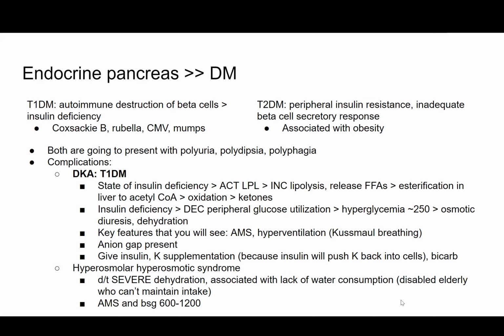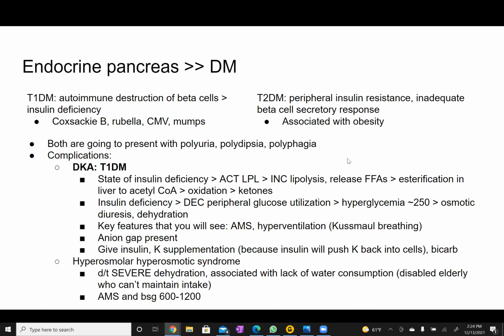Either they don't remember, or they're just not capable of getting water, or neglect, stuff like that. But it's severe dehydration. So look for an elderly patient that just had a stroke or is disabled in some way, coming in altered, and then the blood sugar is wildly elevated.